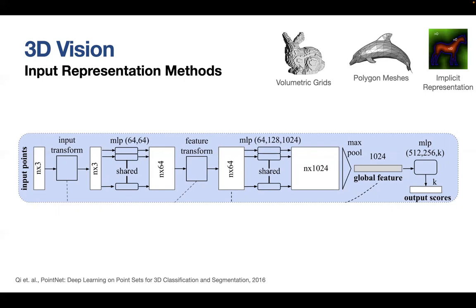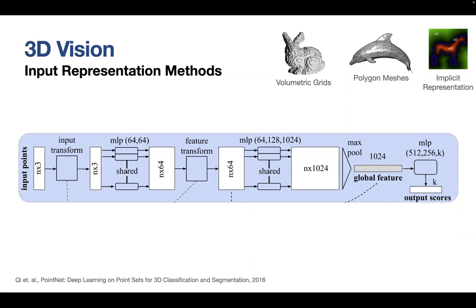Then we apply some one-dimensional multi-layer perceptrons on it to increase the dimension from 3 to 64. Then we do this transformation layer again, and we have n by 64 points, and then we apply a couple of multi-layer perceptrons to finally get to n by 1024 features.